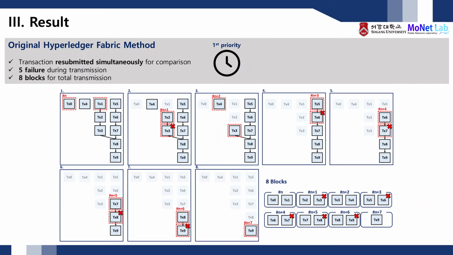Let's look at the first step of transmission. The red dotted box indicates which transaction enters the corresponding block. Since the current original Fabric method only transmits transactions in chronological order, transactions 0 and 1 succeed. The next step shows the occasion of key collision.